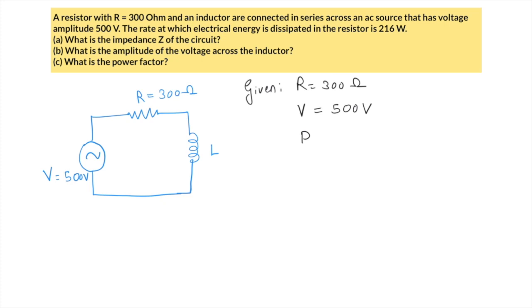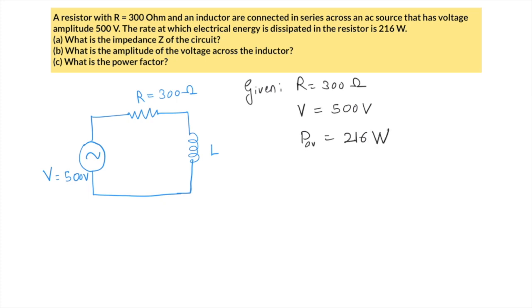If you have superconducting wires which have zero resistance, then there will be no power dissipated. So here the net transfer of energy only happens across R, and which is given by P average, which is given to us as 216 watt.